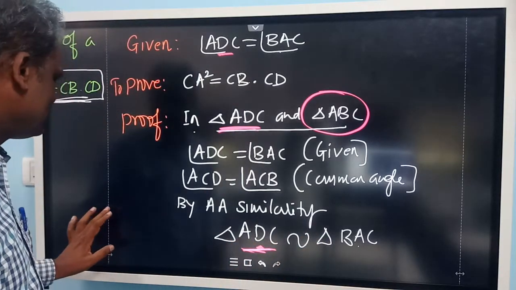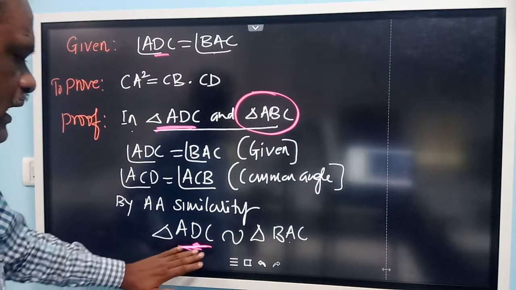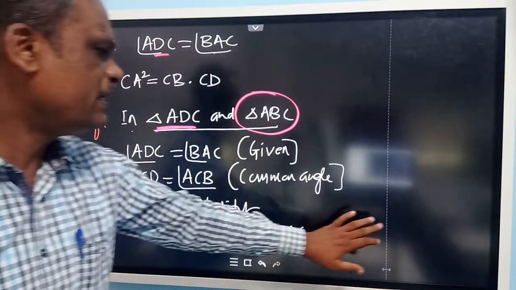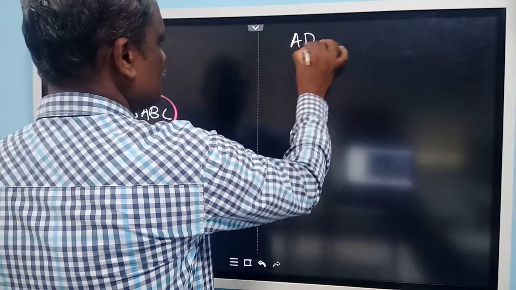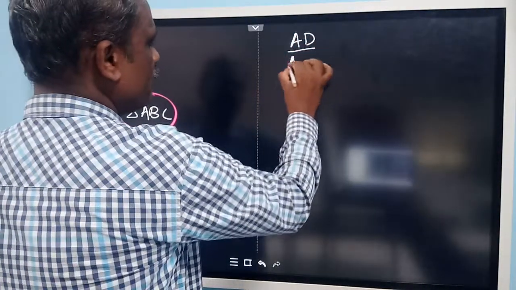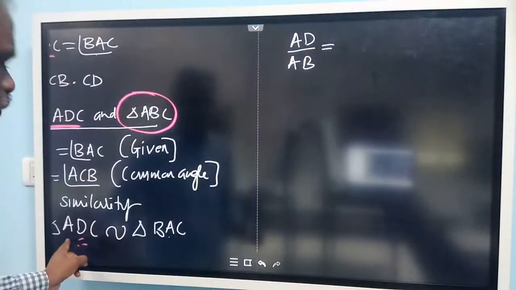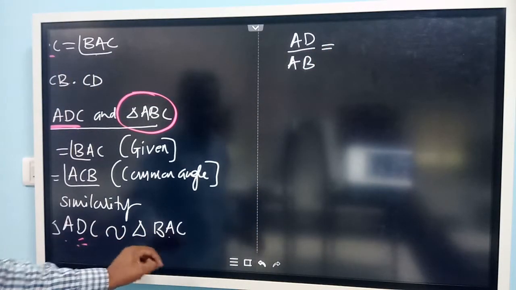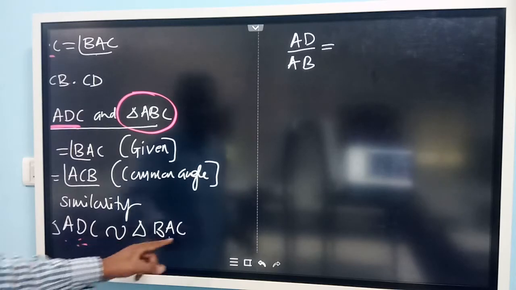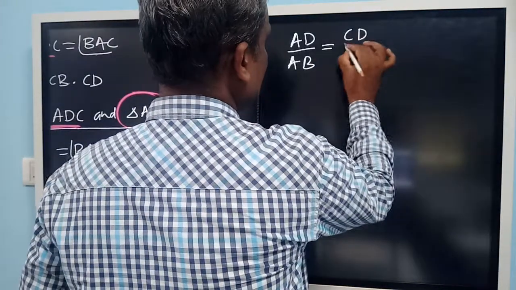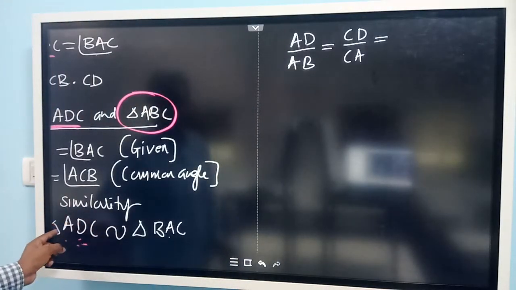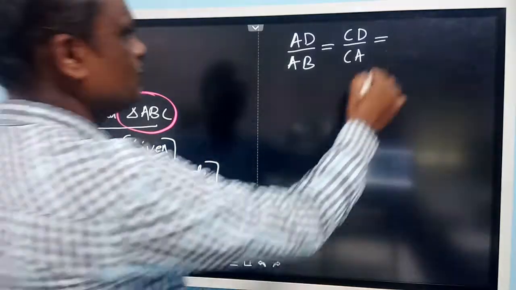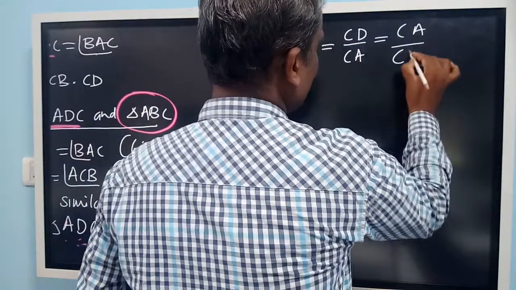Now after writing these triangles are similar, you can write the sides are proportional. Three pairs of sides are proportional. I can write AD by AB, first two vertices. Then CD by CA is equal to, then first and last, CA by CB.